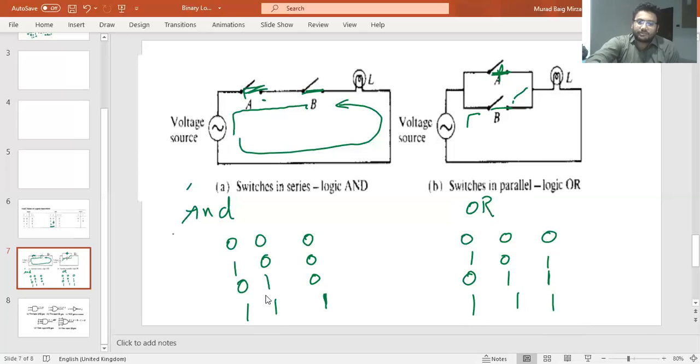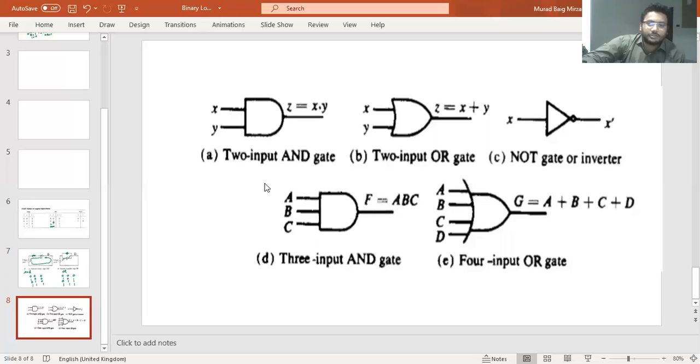Now we will discuss different types of AND gates and OR gates. Here you can see a two input AND gate. The terminology two input AND gate means the gate has two inputs, X and Y, and Z is the AND of X and Y. Here the AND gate is represented by this symbol.